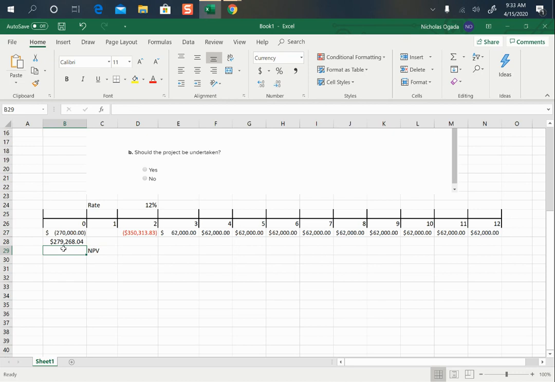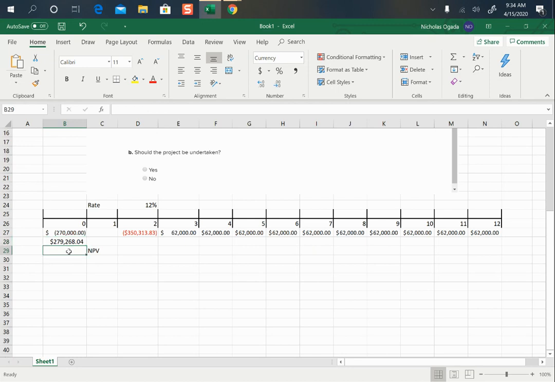And therefore, to determine our net present value, remember what we said, the net present value, we add the present value of all those cash flows. The present value of the initial investment, $270,000 to be invested today, the present value of that money is the same amount. So the present value of $270,000 is 270,000 because that money is being invested at time 0. The present value of all these annuity payments, including that gap in year 1 and year 2, the present value of that amount is 279,268.